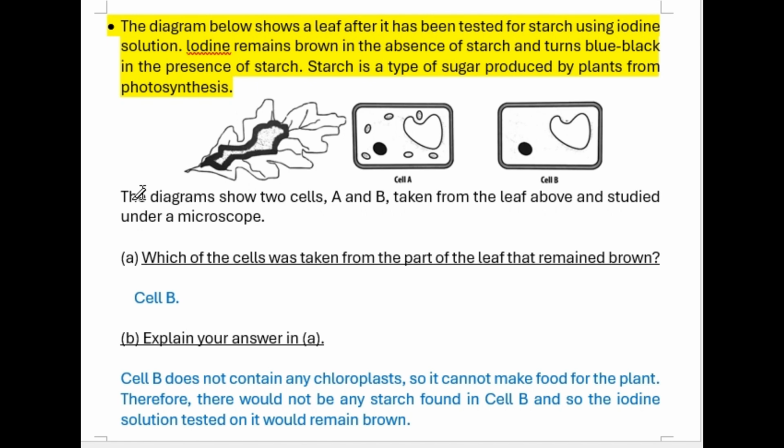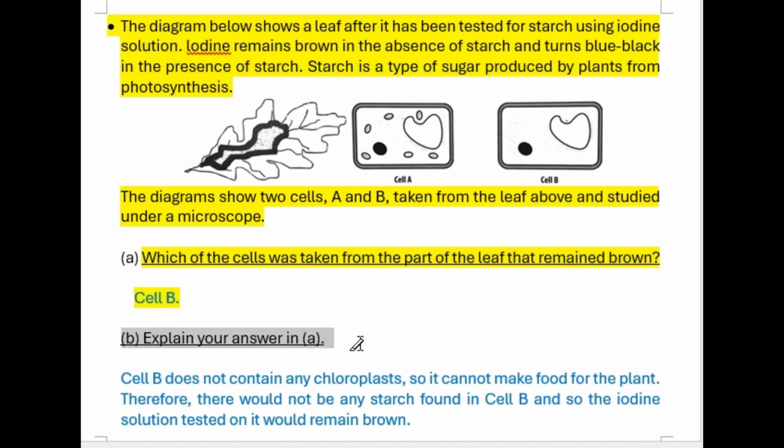The diagrams show two cells, A and B, taken from the leaf above and studied under a microscope. Which of the cells was taken from the part of the leaf that remained brown? Cell B.